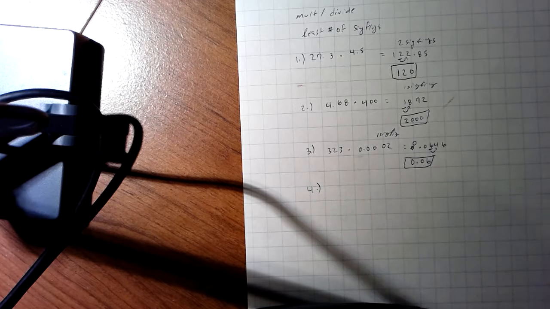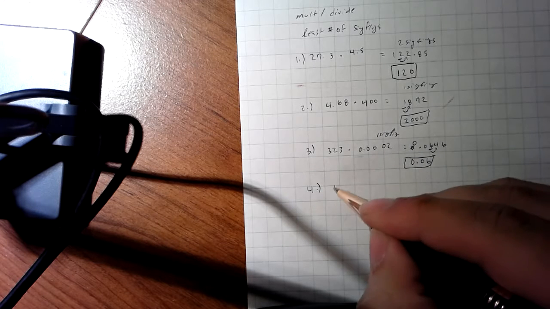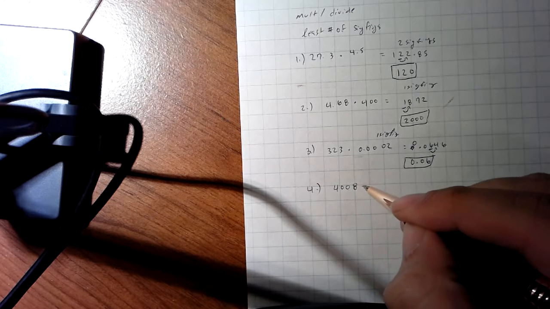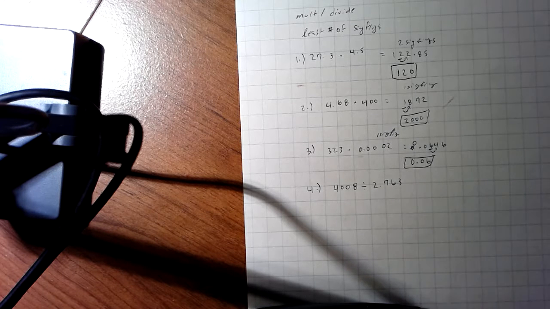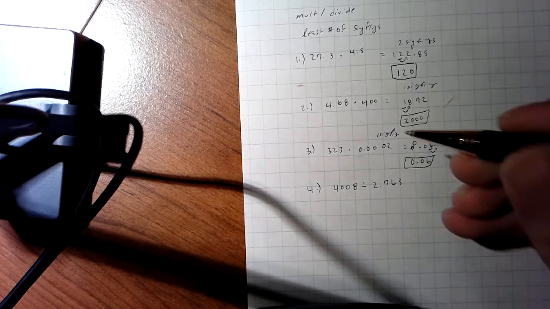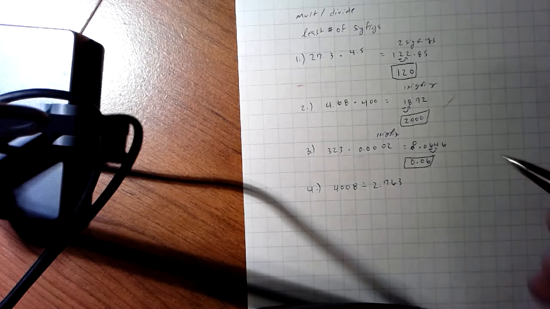Look at number 4. That one has 4,008 divided by 2.763. Again, the rules are the same for division and multiplication. Both numbers have 4 sig figs, so we're going to round it using 4 sig figs.